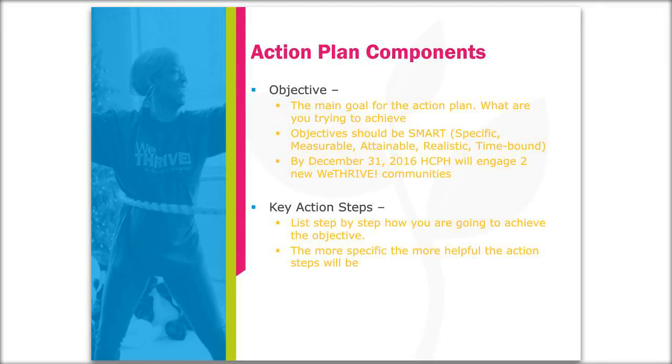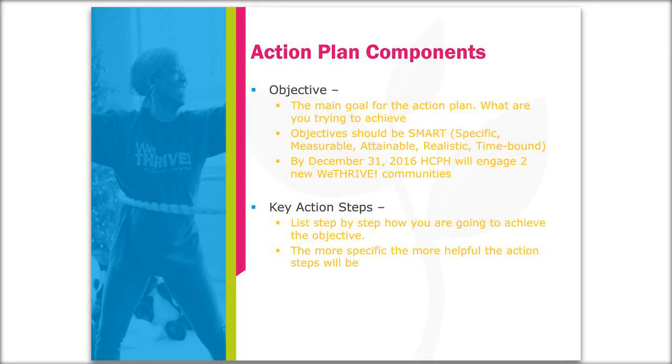So this objective is SMART because it's specific. We're going to engage new We Thrive communities. It's measurable because we're going to engage 2 communities. It's attainable. We feel like we have the resources and personnel to be able to engage 2 new communities. It's realistic. We think within a year, we can engage these 2 new communities. And it's time-bound because we said by December 31st, 2016.